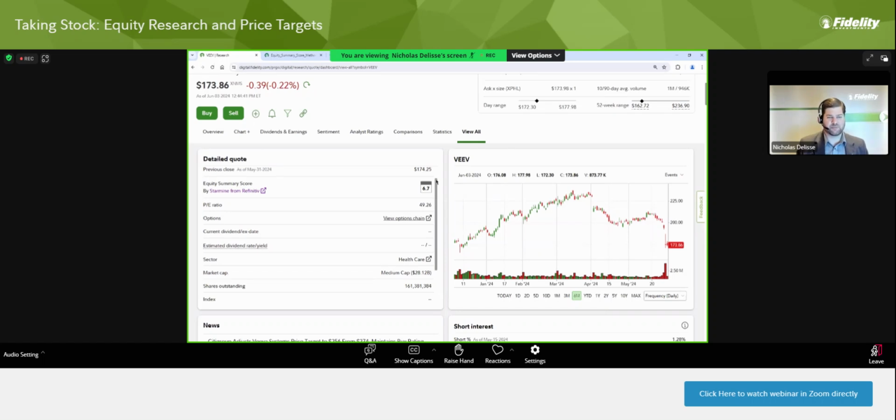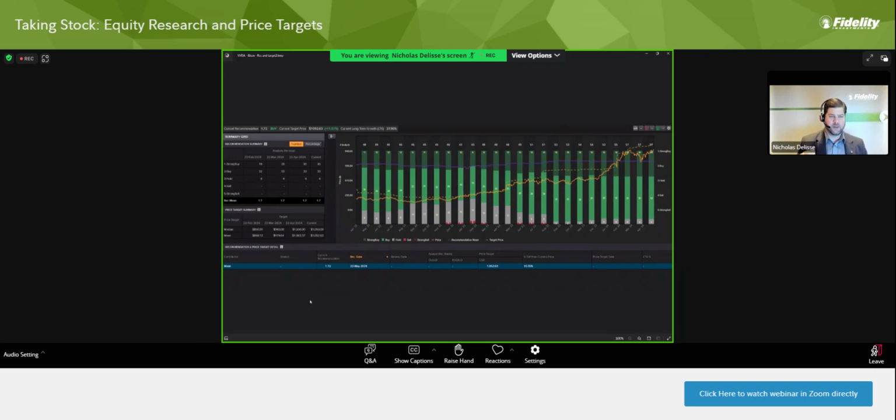This is a quick screenshot I pulled from Icon, and it's something I used when we were talking about NVIDIA for one of our earnings briefings. I think this was really interesting information because this is showing price and price targets.